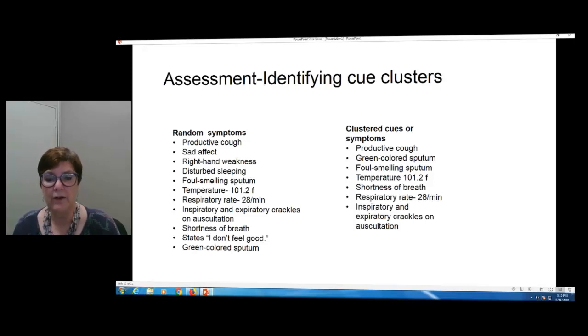All are a cluster of symptoms that point to a specific problem. So we have just used deductive reasoning here as well, okay? So we've gotten general random symptoms. We are beginning to break them down, and we're going to pinpoint a problem taking this cluster of symptoms.